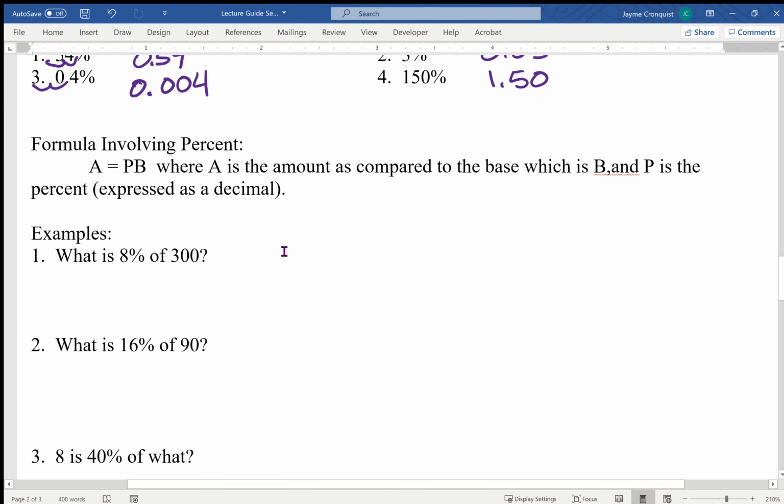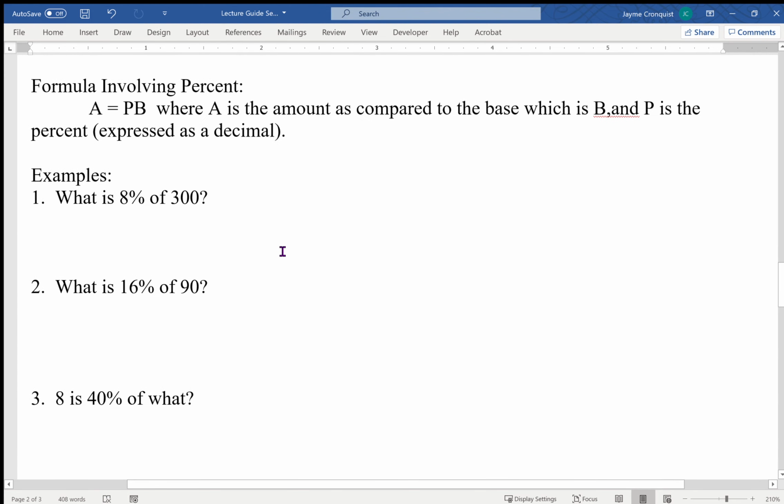All right, formulas involving percent. Amount is equal to the percent times the base. B is the base and P is the percent. So the best way to do this is to translate. When you see the word what, put down your variable.